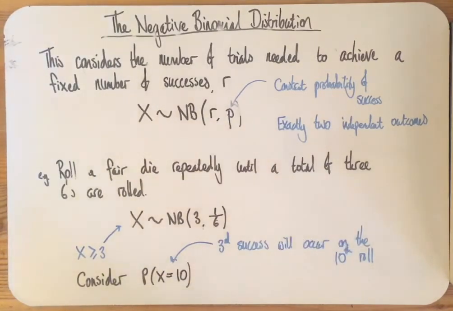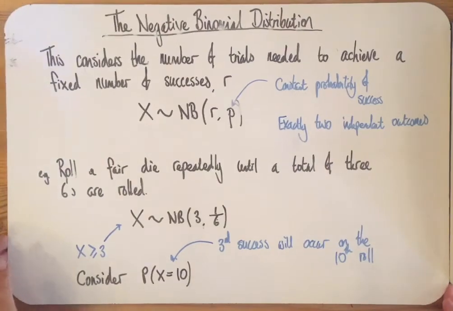So we don't really mind where the other 2 sixes occurred. We just know the third one is going to be on the 10th roll. And so in terms of probability theory, we can find the probability there are exactly 2 sixes in the first 9 rolls.